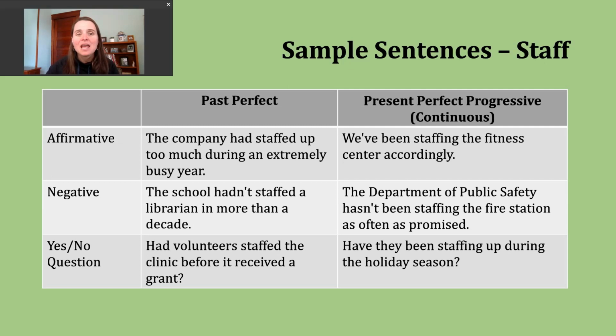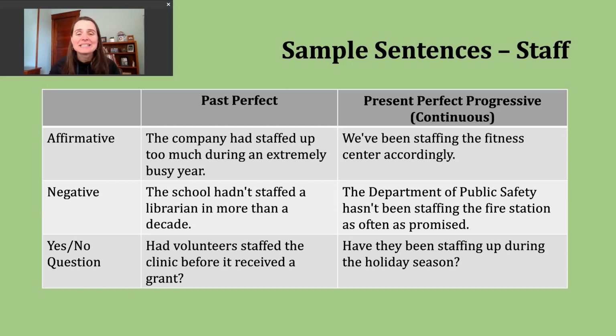To make past perfect sentences, our structure is going to stay the same no matter what the subject is. So in the affirmative, we're going to have our subject, then we use the past form of have, which is had, and then the participle form, the verb. You can see this in my example.